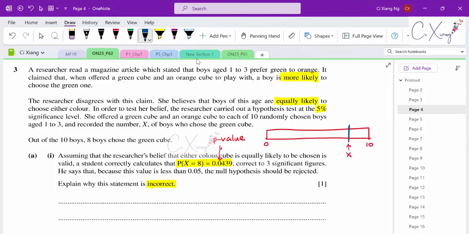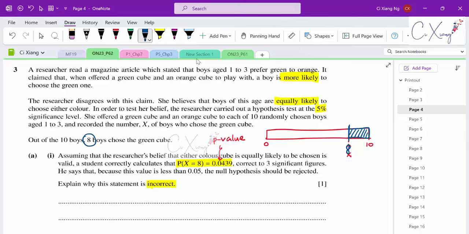Basically the concept is wrong, because when we want to calculate the p-value, we should get the area either greater than the observed value or smaller than the observed value. So 8 is the observed value in the question. To calculate the p-value, it should include the whole area after the 8.